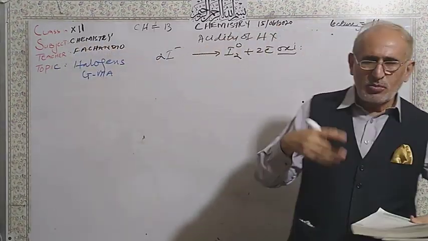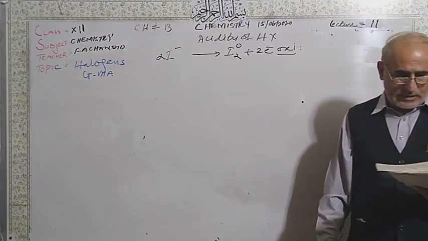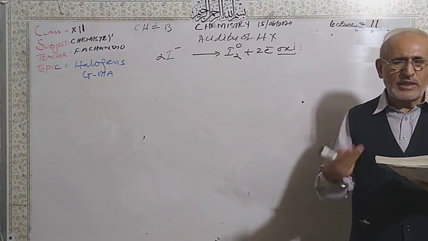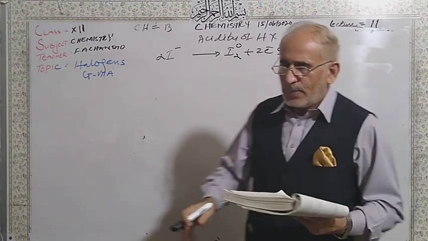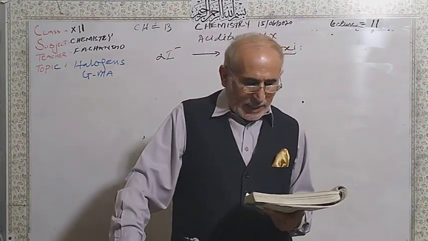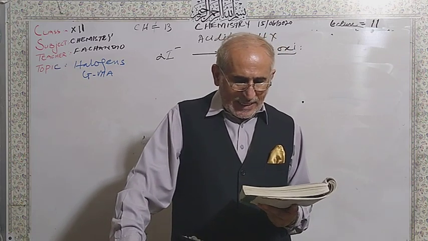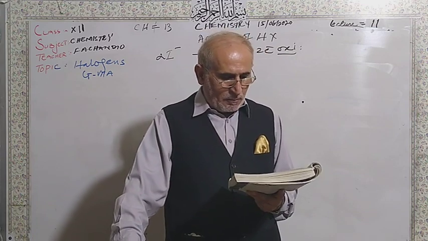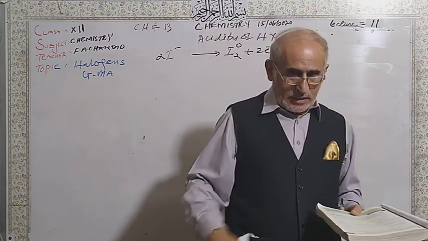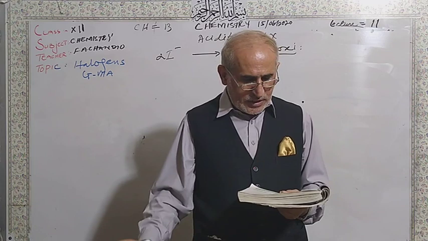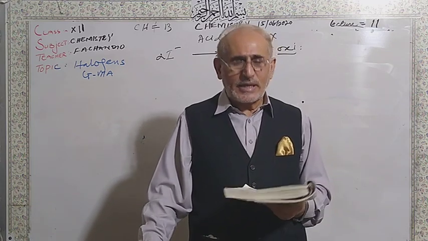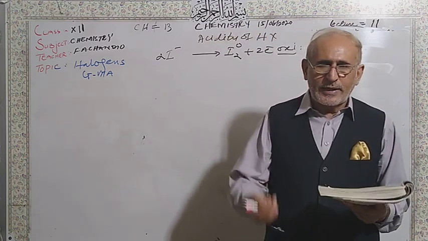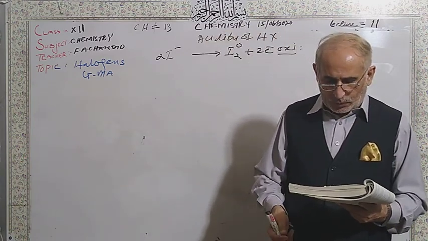Iodide ions are much stronger reducing agents than bromide ions. So they can reduce concentrated sulfuric acid, but the chemical reaction is complicated. The reduction of sulfuric acid is much more complicated, as we discussed before.